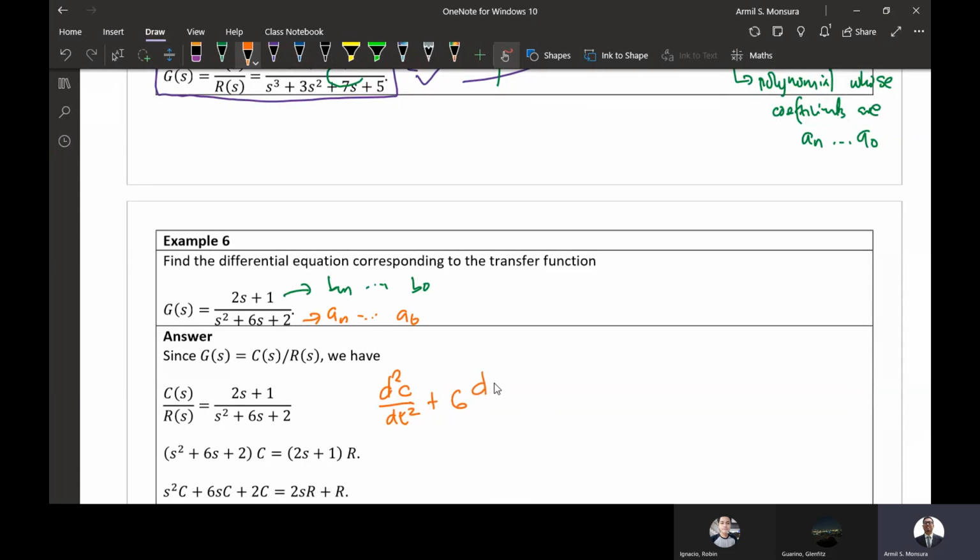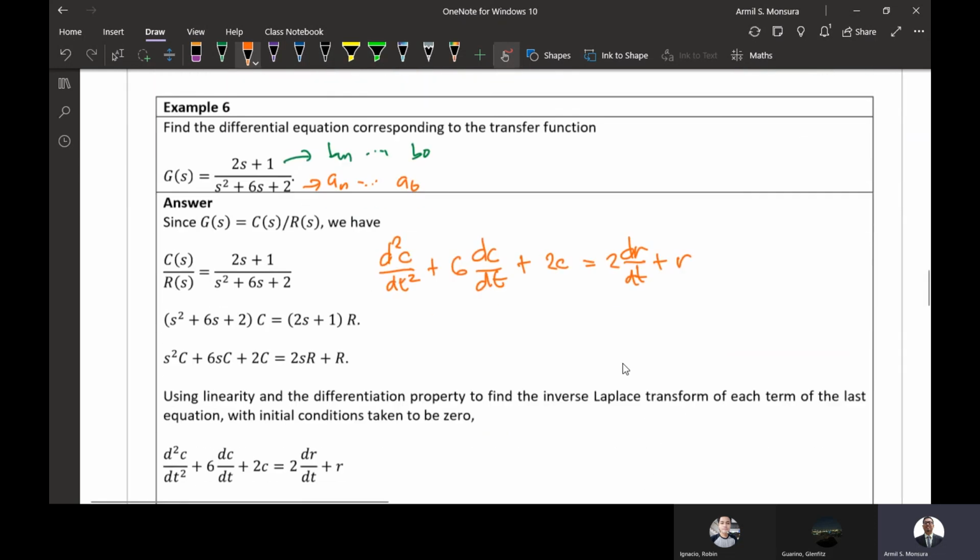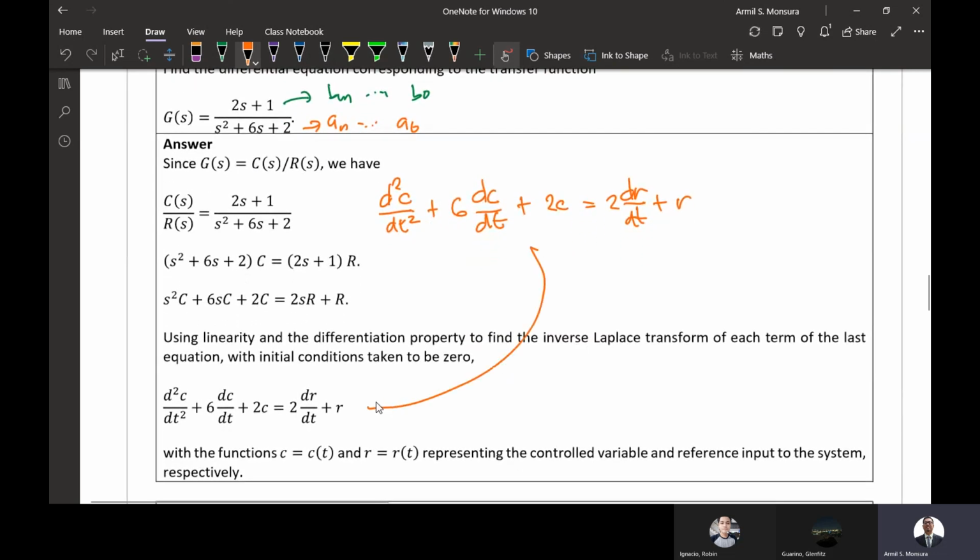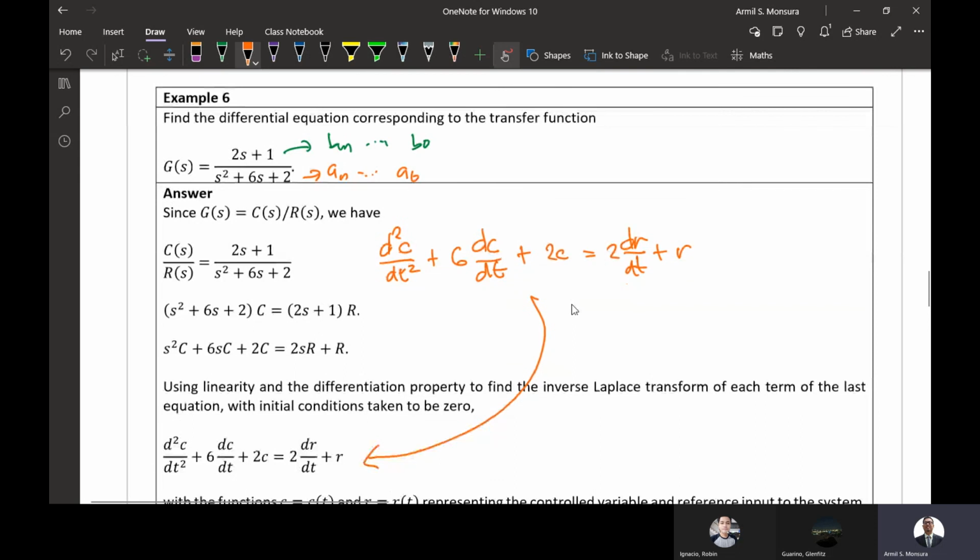Plus 6 times the first derivative of c with respect to t, that is the 6s. Plus 2 times c, that is the 2. Equal to the numerator, which is 2 times the first derivative of r with respect to t, plus r. So that will be our differential equation. But this is the actual solution. We just got it by intuition, by observing what is happening with these things. Okay?